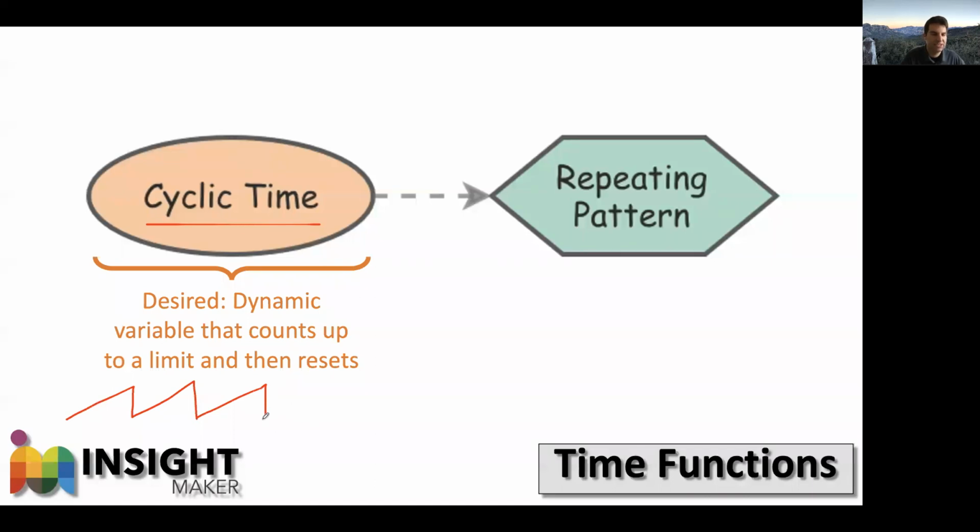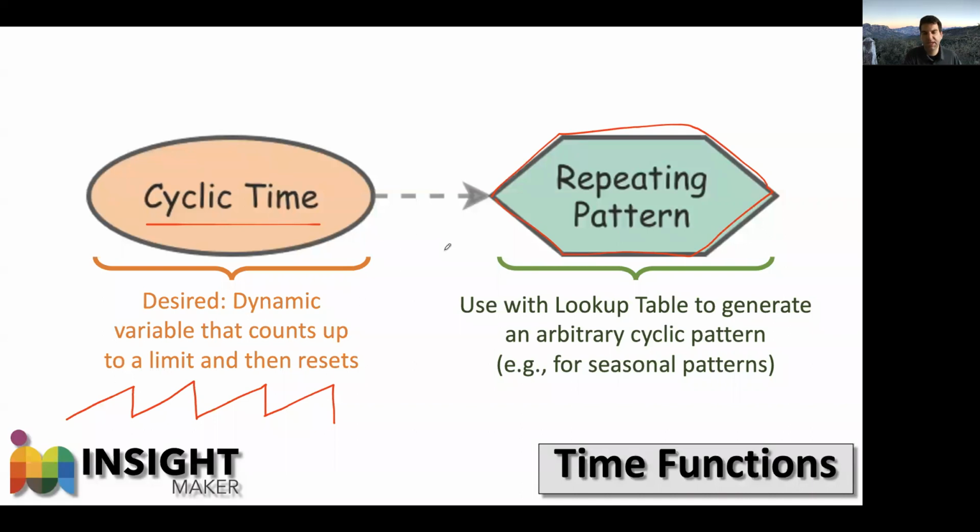We have this sawtooth: even though time is counting continuously up, this cyclic time counts up to 12 and resets. If we run that into our model of seasonality, which could be a lookup table representing temperatures in the summer, this allows us to generate patterns that are tied to the time of the year. Let's see more of what I mean by that.